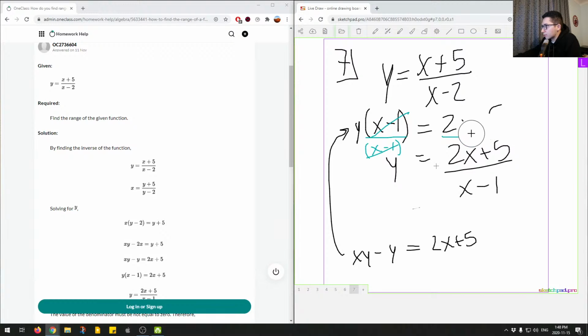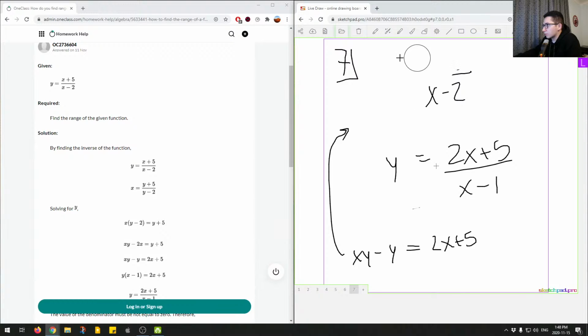So I'll erase all this. This is what we end up with. And to find the range, we're really looking at the denominator here. So we set the denominator to 0. We'll say x minus 1 equals 0, and then we solve for x, so we get x is equal to 1.